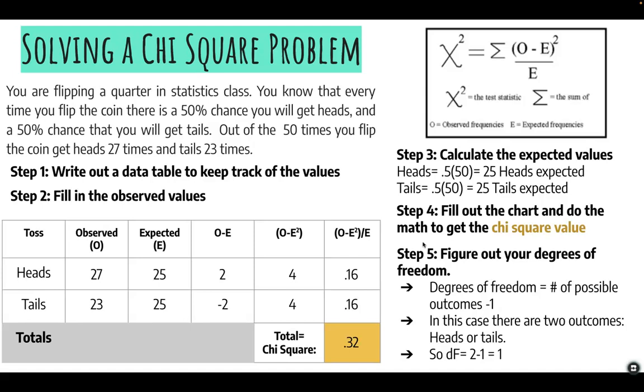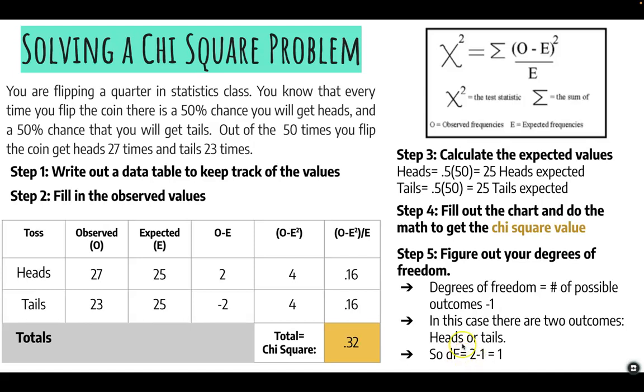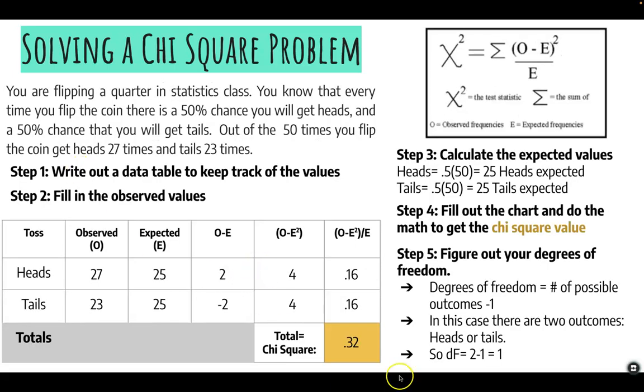All right. So next, we're going to look at something called a critical value table. And because we have a degree of freedom of 1, then you're going to use your chart right here, and you're going to look for degrees of freedom 1 right here. And in biology, we usually use the 0.05 p-value. And so what we can see here is that our chi-square value is 0.32.